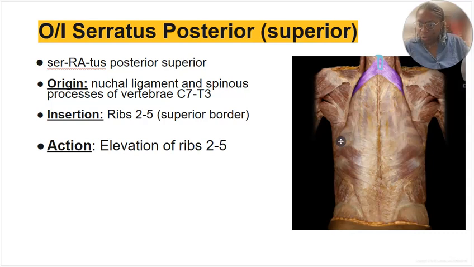And so there, the nuchal ligament would be somewhere along the posterior neck region, as well as originating at the spinous processes of the last cervical vertebra, C7, up to T3. And it inserts down at ribs 2 through 5 along their superior borders. And what it's going to help with is just elevation of these ribs 2 through 5.